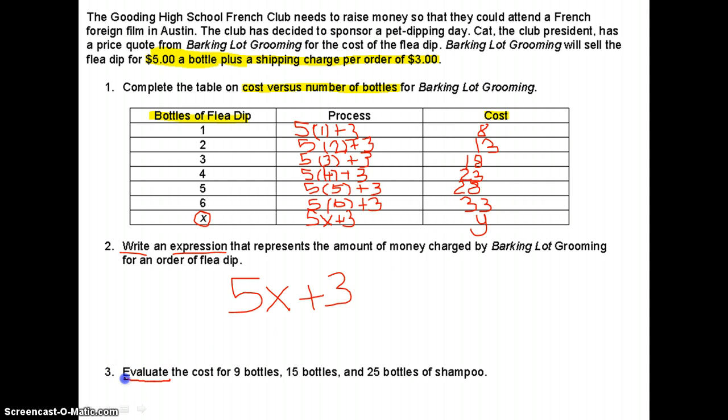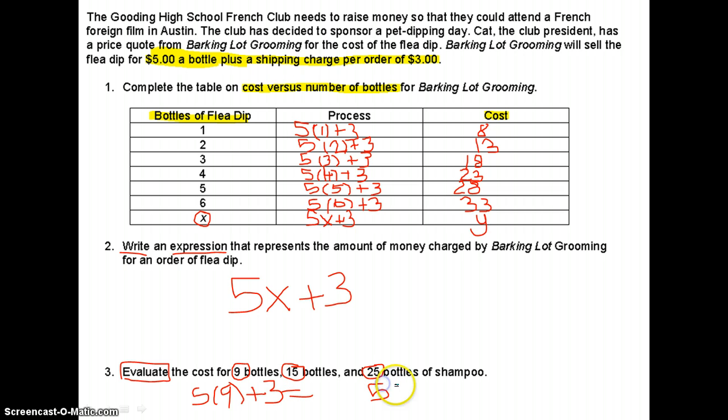Now number 3 says evaluate the cost for 9 bottles, 15 bottles, and 25 bottles. So I'm going to take the 9, the 15, and the 25 and plug them into X. So my first one would be 5 times 9 plus 3.